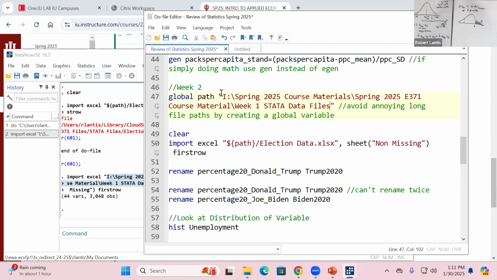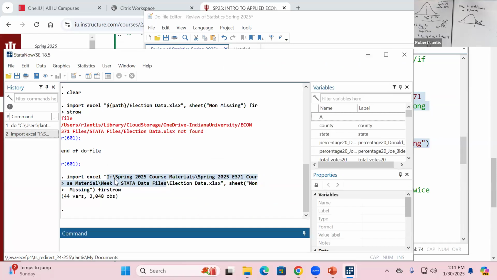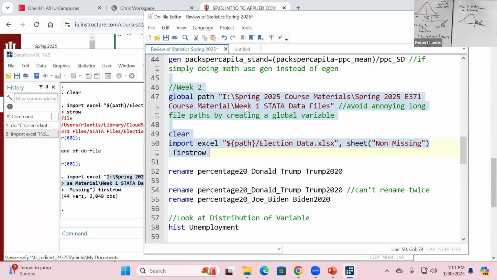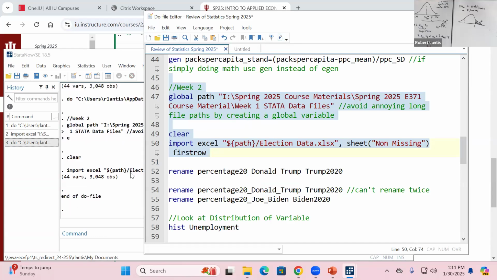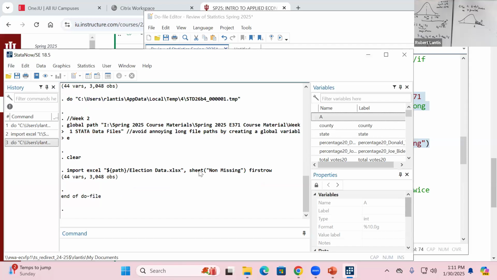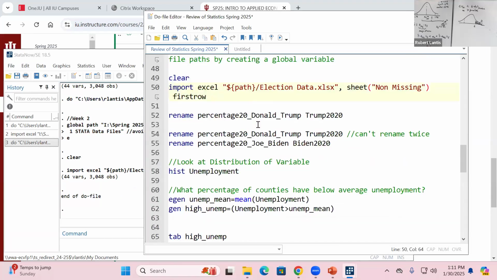So now it'll set my global so that I'm always working off the same folder, okay? I'm then going to open up this data. It's basically the same exact code that it ran when I did it from the interface. You don't have to do it this way. You can do it manually every time if you want to, right? So I'm going to run this. Sure enough, it opens up that data file, because I had the correct file path in here.